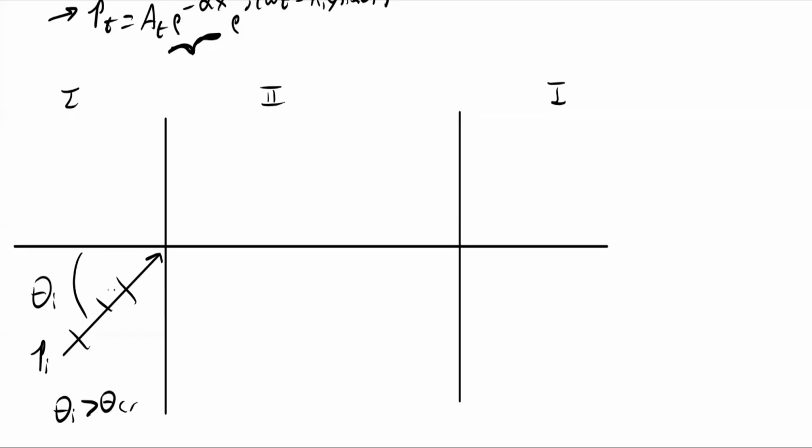So if we have this incident wave impinging on the interface at some theta I greater than theta critical, you can look at the evanescent wave field or the evanescent disturbance, which looks like an exponential decay in the second medium. But there's a non-zero amplitude if the second medium has finite thickness.